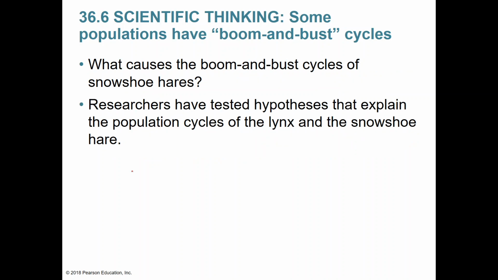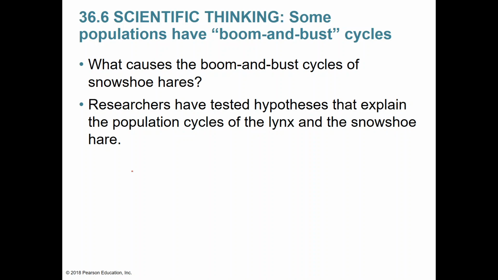So we'll walk through an example of a couple of species that do this, one of them being a species of rabbit called snowshoe hares. This species was observed over many, many years and was known to have this kind of boom and bust life cycle: they were super abundant, then they disappeared, and then became super abundant again.